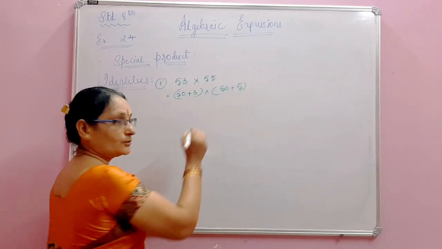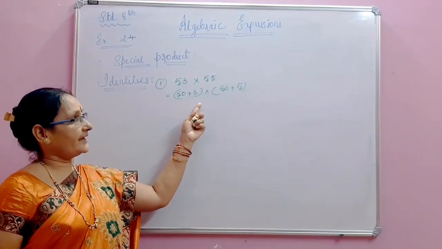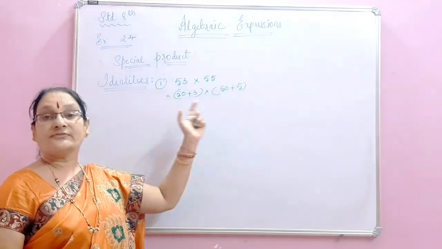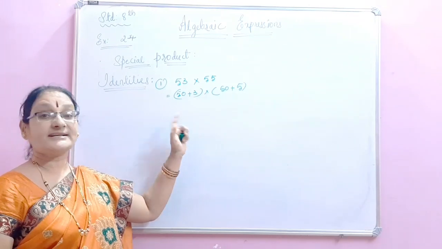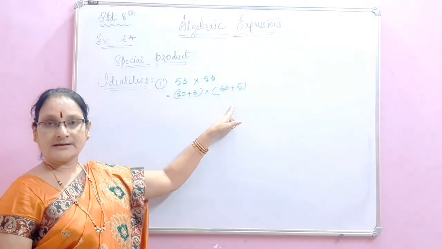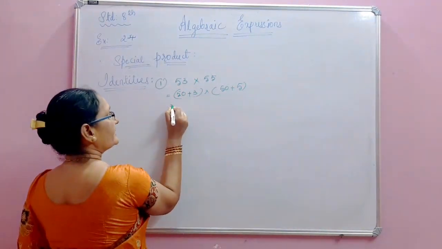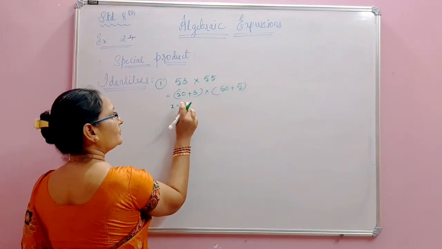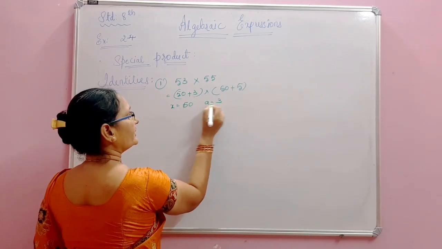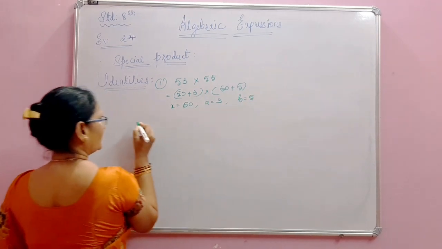Here one thing you have to observe. See, (x + a)(x + b). That means in both the brackets, the first term should be the same because x is there in both. So like that here 50, 50. Here a, b. Now what we have to write here? In this case, x is equal to 50, a is equal to 3, b is equal to 5.